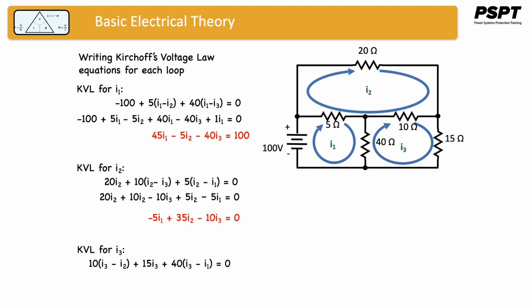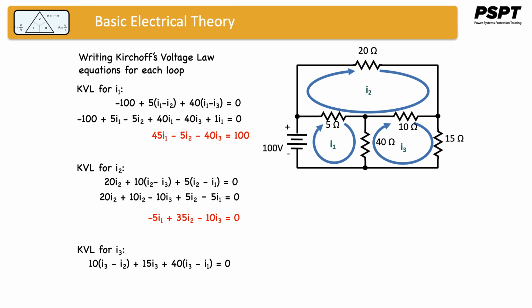Looking at the third loop of our mesh, and more specifically I3, the KVL for I3, starting out with the 10 ohm resistor. The voltage drop across the 10 ohm resistor is given by 10 times I3 minus I2. Because we're following I3, it's plus I3, and I2 opposes I3 in the 10 ohm resistor.